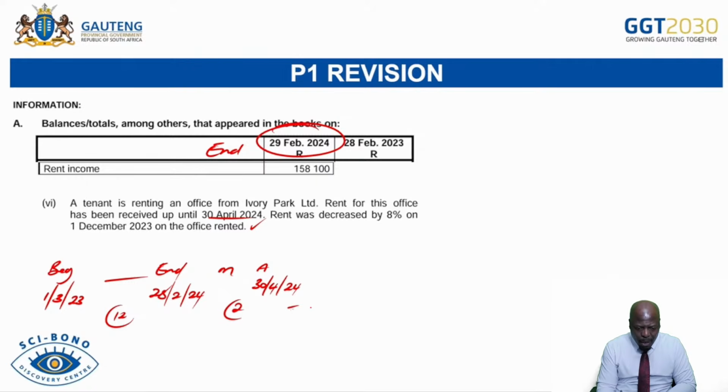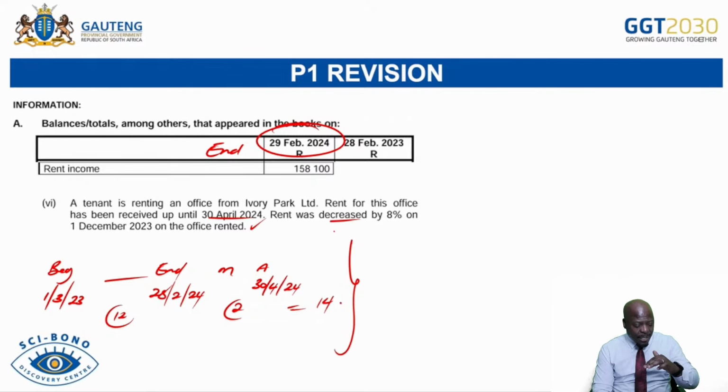So in total, we're dealing with 14 months. Okay. So for these 14 months, we understand that there was a time when rent had not yet decreased, when rent was at 100%. So when rent was at 100%, for how many months was that?